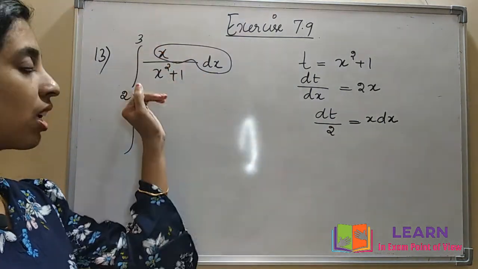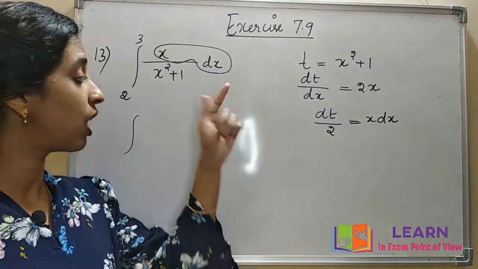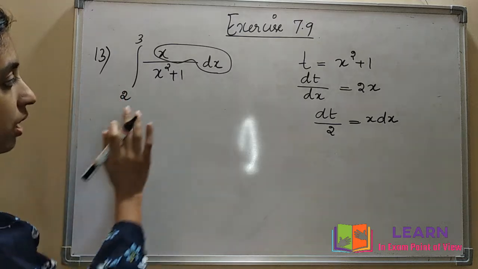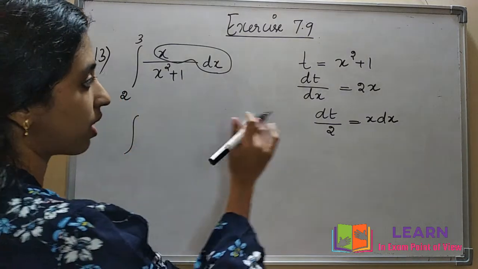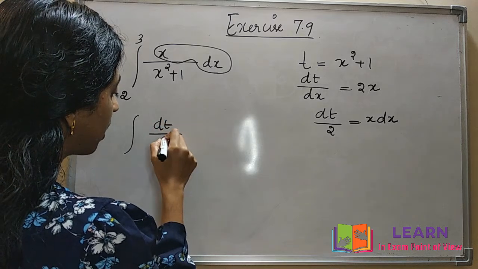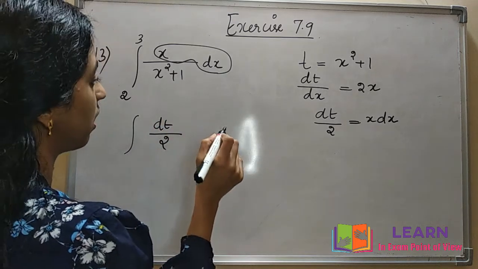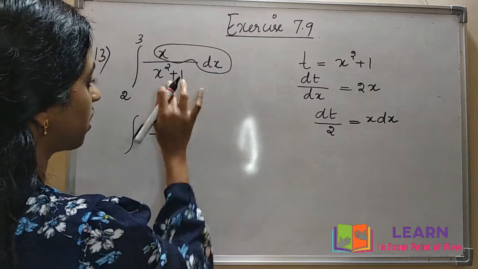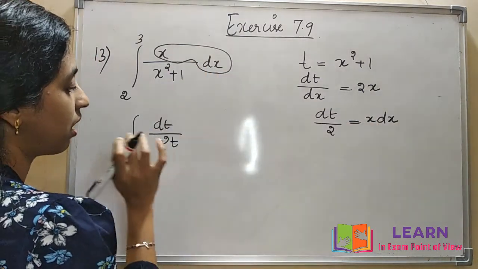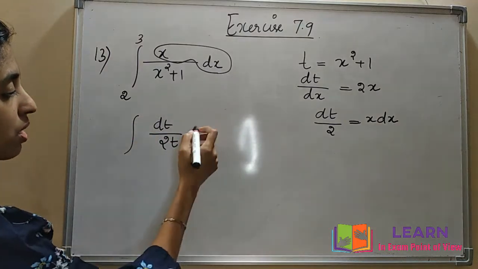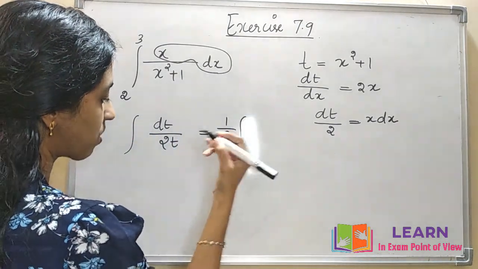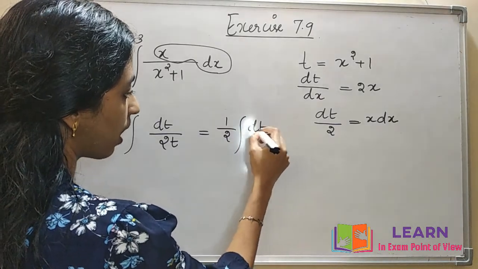So here you can apply the limit last, otherwise you also have to change the limit. Now I am not applying the limits, just integrating it. We have dt by 2 in the place of x dx, then t for x square plus 1. Now 1 by 2 you can take outside, dt by t.